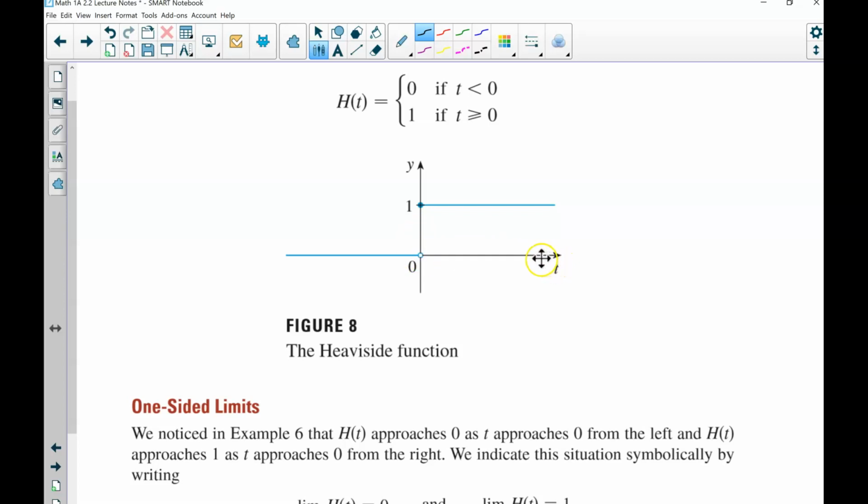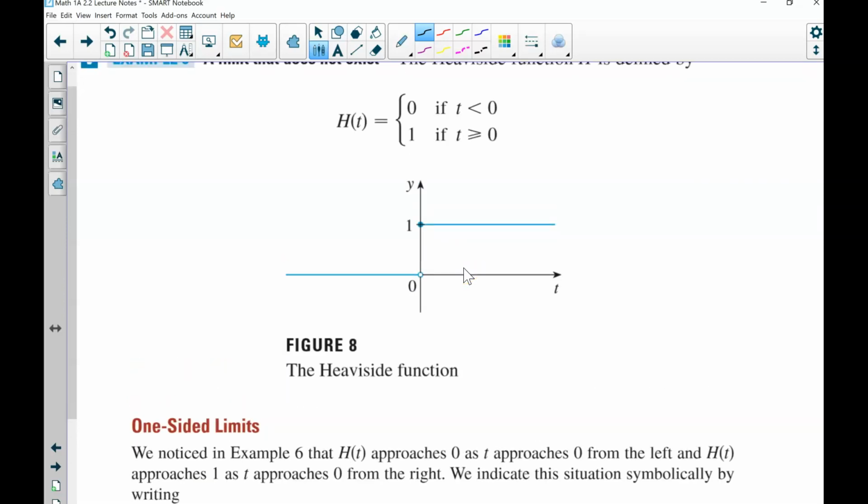Now, as t approaches 0 from the right, then the function is approaching the value of 1. So there is no single number that H of t approaches as t approaches 0. Therefore, we would say that it does not exist.